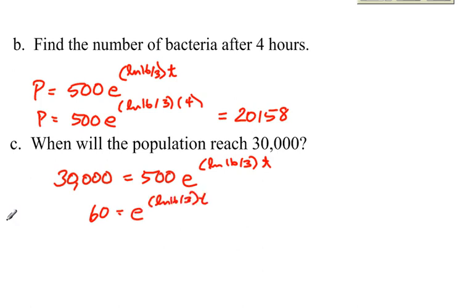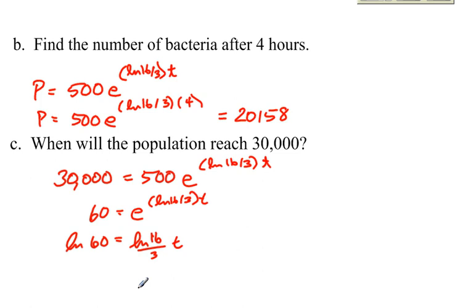I'm going to take the natural log of both sides, so I get natural log 60. On this side, the natural log just gets rid of the e, so I've got natural log 16 over 3 t. Let me write that again so it's clear. So that was the natural log of 16 over 3 t.